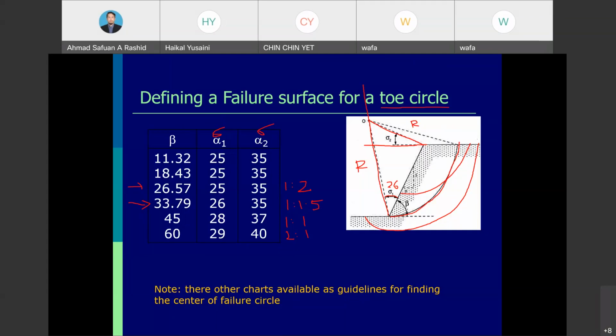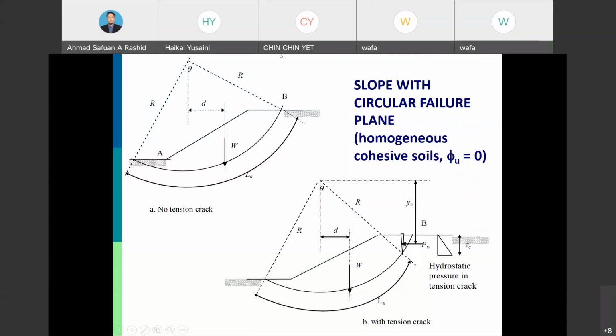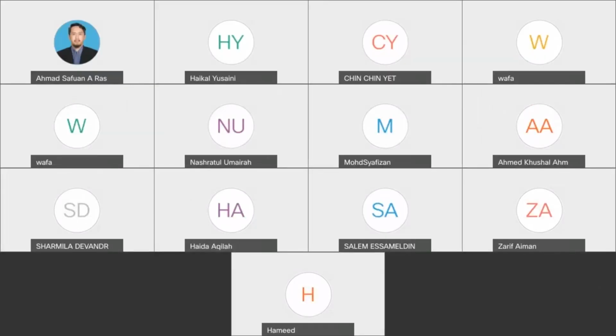So we need to repeat until we have the same R. So that is a method where we can determine the point of origin. Sorry, I need to show another example. They have two examples for drawing the point of origin.